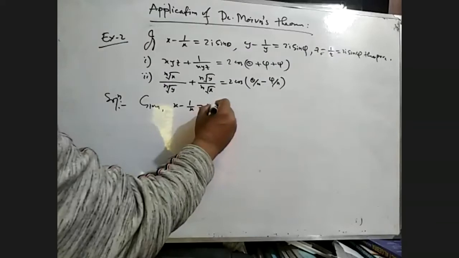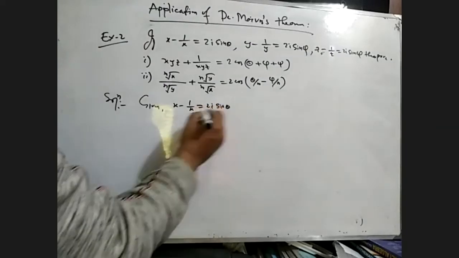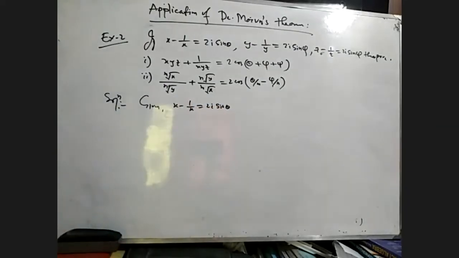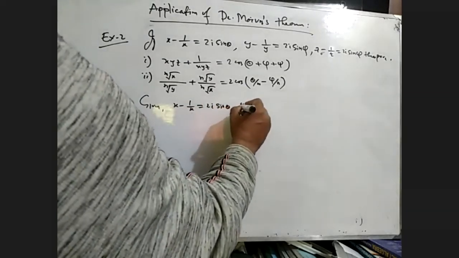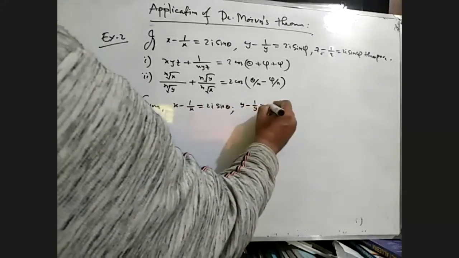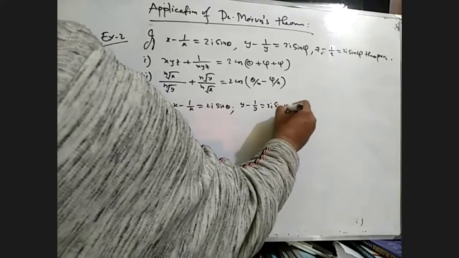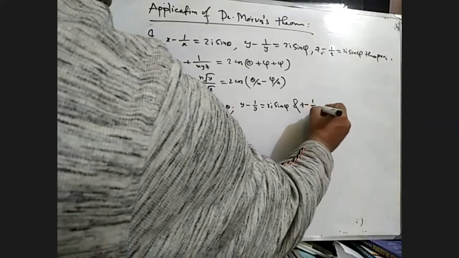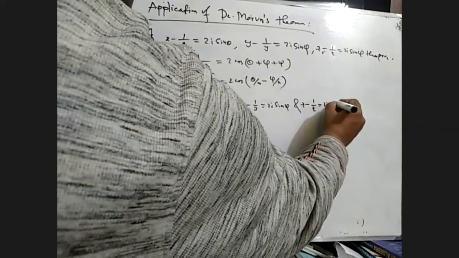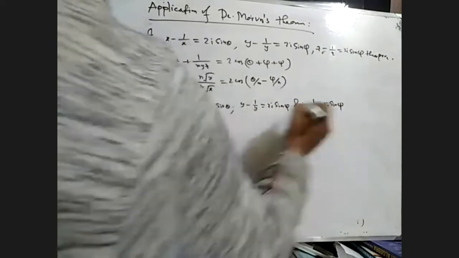Now x minus 1 by x equals twice i sin theta, y minus 1 by y equals twice i sin pi, and z minus 1 by z equals twice i sin psi.